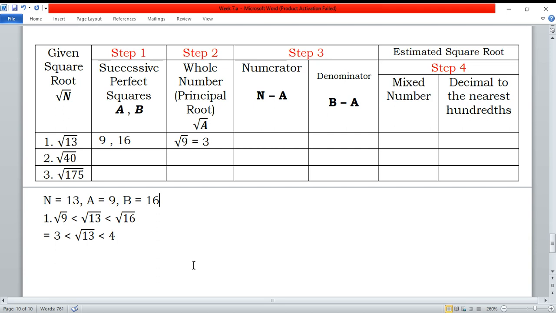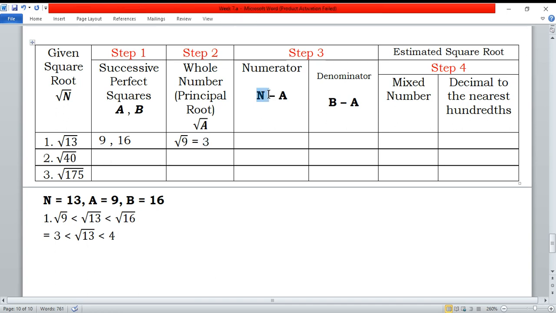Okay, ayan. Ito lang naman kailangan natin eh. So, ang N natin ay 13, yung A natin ay 9, ang B natin ay 16, ang square root of A natin ay 3. Whole number. Okay? So, let's proceed.